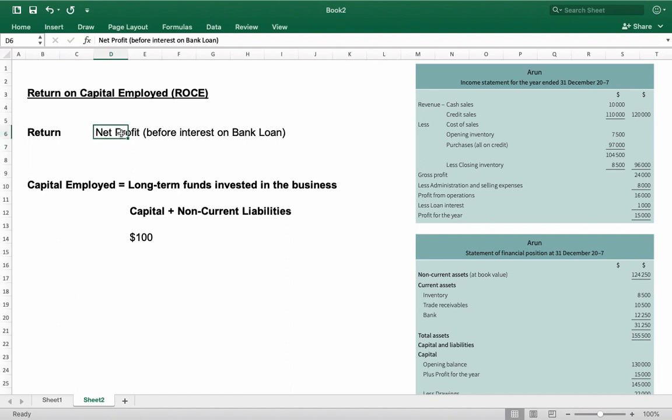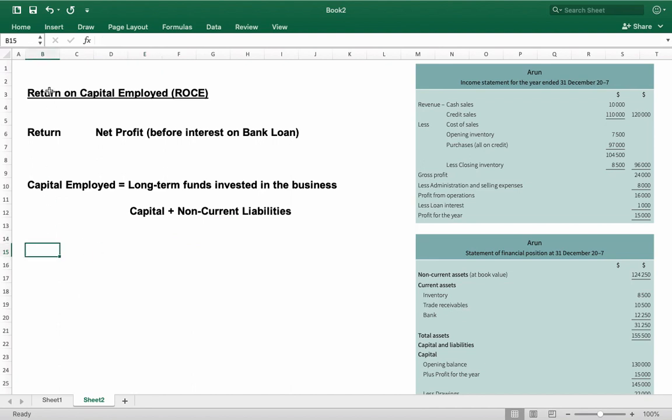So I hope this is clear. Return means net profit before interest on bank loan, and capital employed means amount invested by the owner plus the non-current liability. So now let's solve the question.